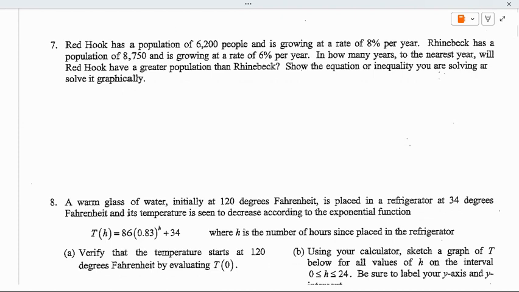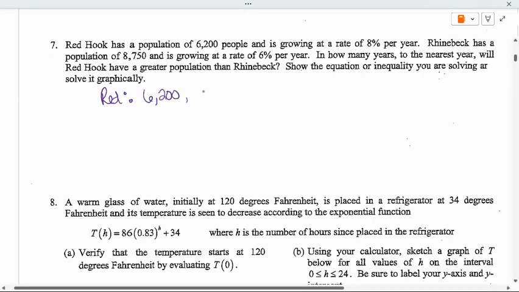Red Hook has a population of 6,200 people, and it's growing. So its growth rate of 8% is really 1 point, help me out. Thank you. Good job. 1.08.